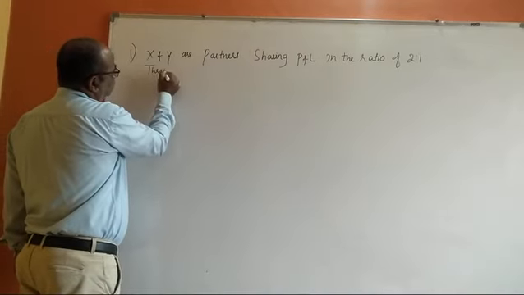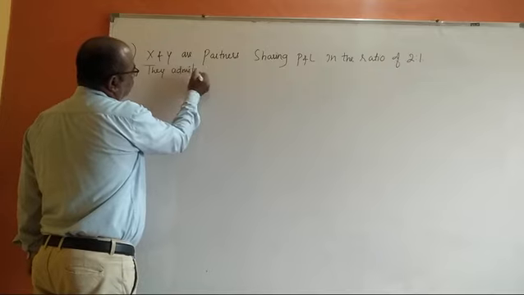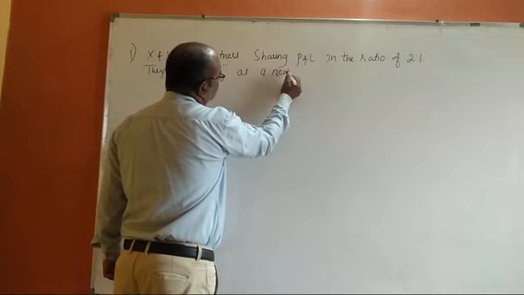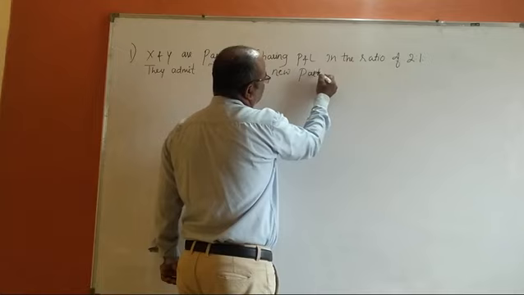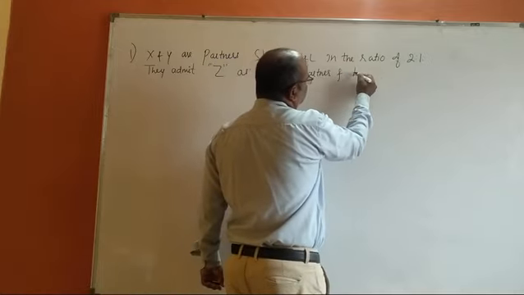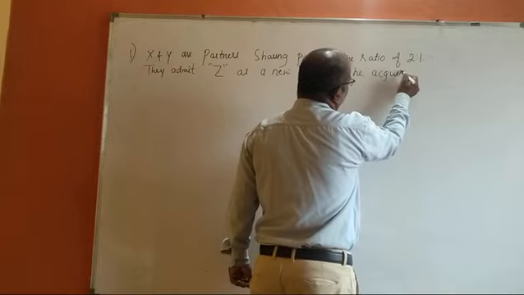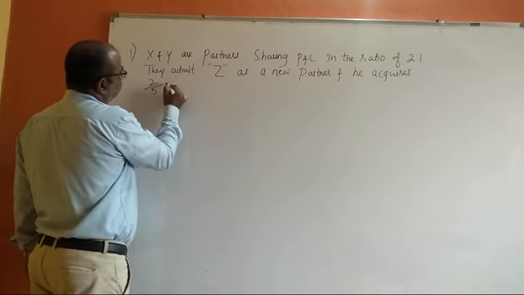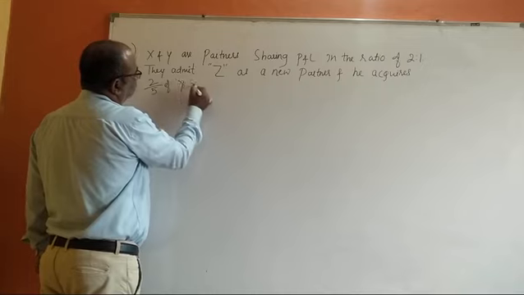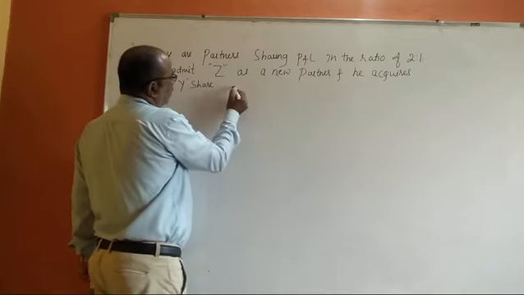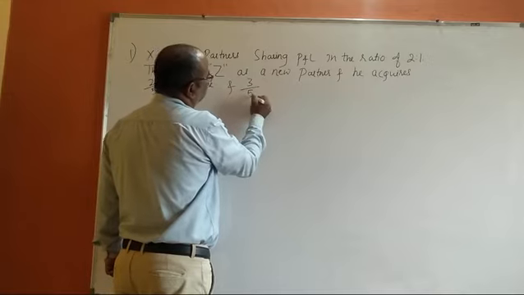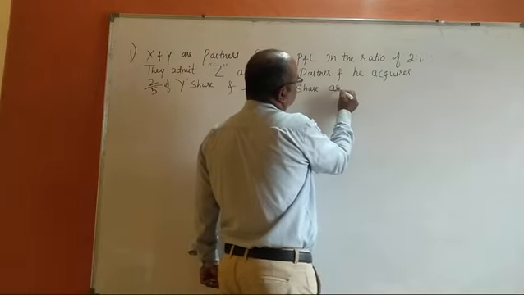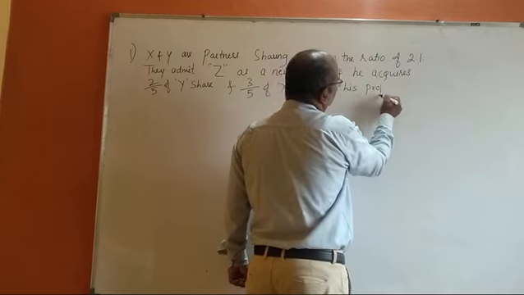They admit Z as a new partner and he acquires two-fifth of Y's share and three-fifth of X's share as his profit sharing ratio.